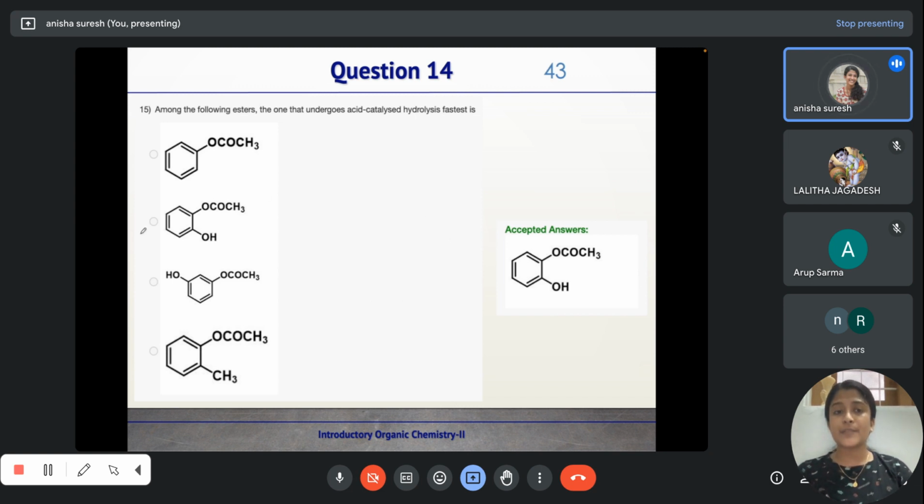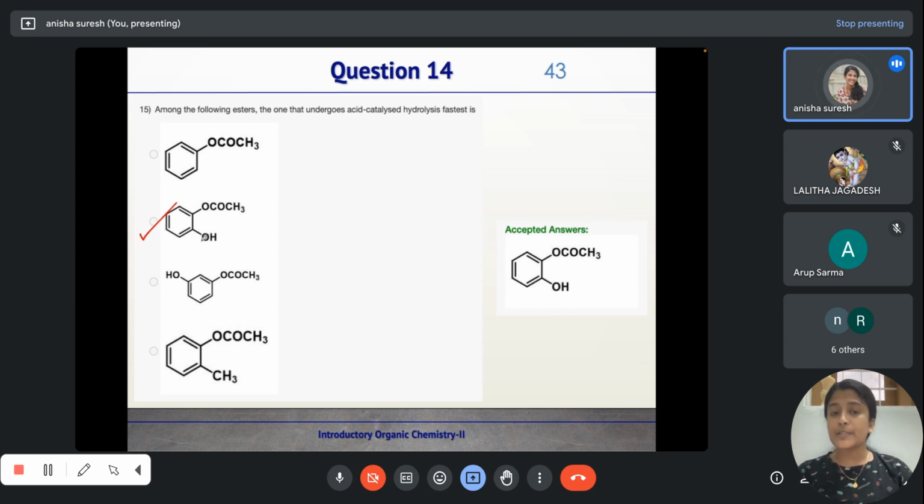So as we have seen, this is the ester that will undergo the fastest hydrolysis. We can see why. Here there is a phenyl group. It will be electron withdrawing in nature.